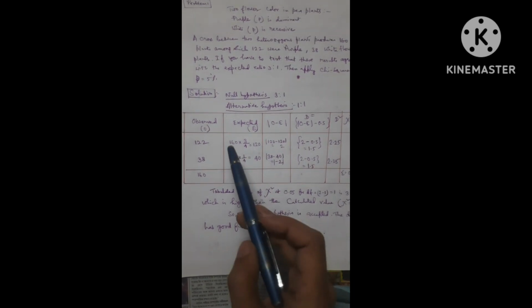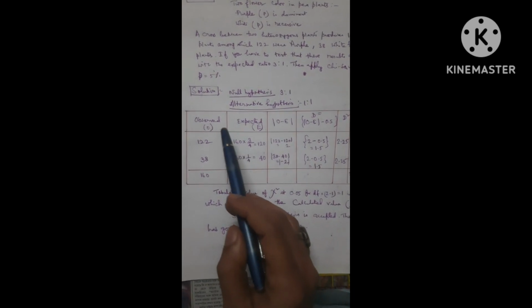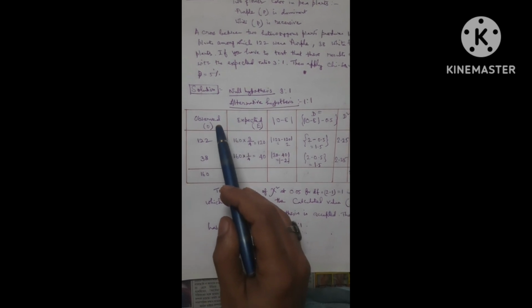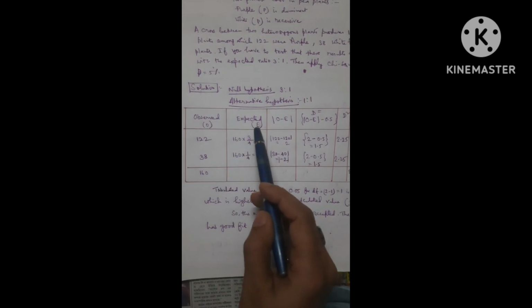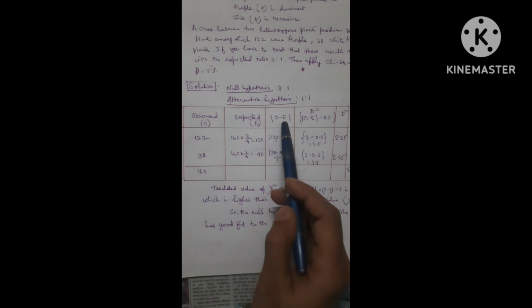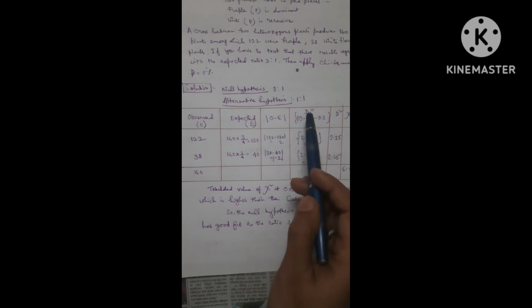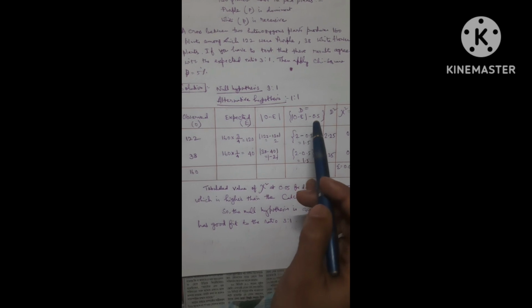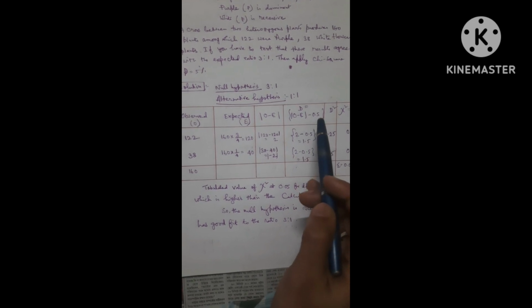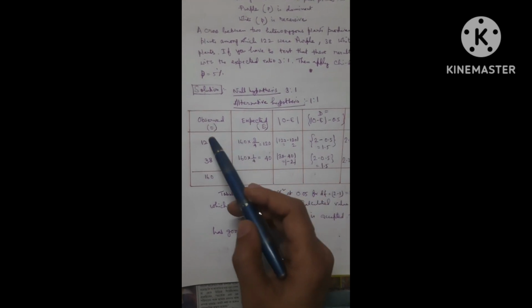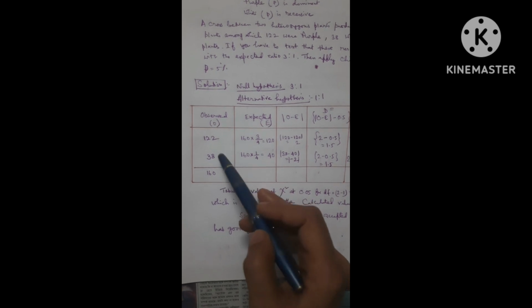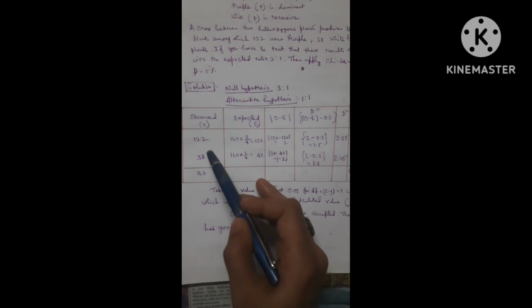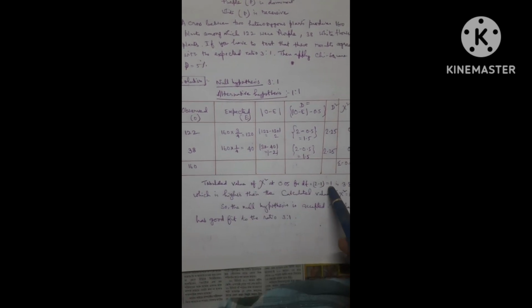Now the calculation table you have to make like this: observed value O, expected value E, O minus E within mod, and D means O minus E minus 0.5 or half. Why? Because there are only two observations, so DF will be n minus 1. Here n is 2, so 2 minus 1 is equal to 1.